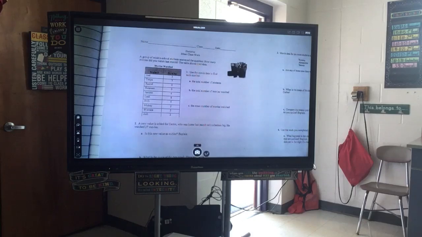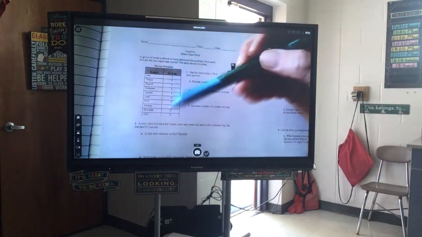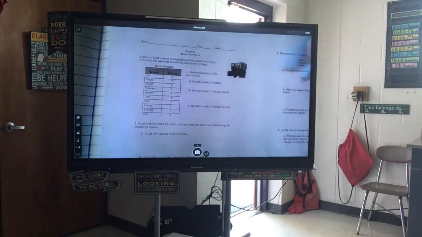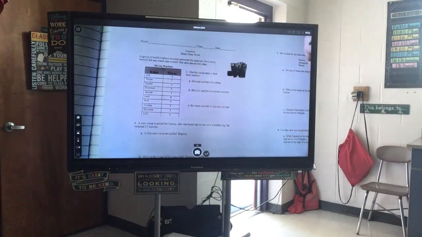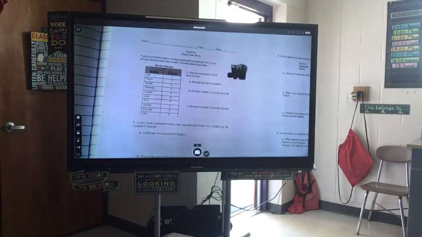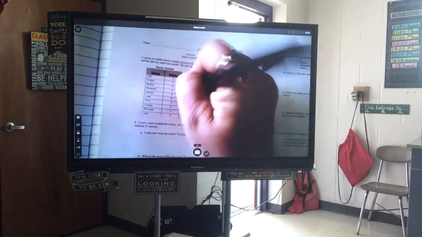So for 1A, it says use the movie data to find each of the following. You're finding the total number of students, the total number of movies watched, and then the mean number of movies watched. So how many students altogether are there? There are 10 students.